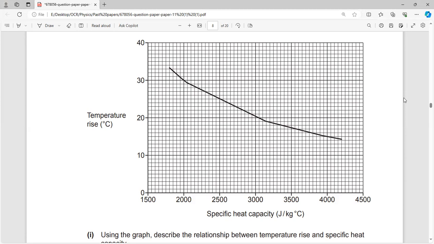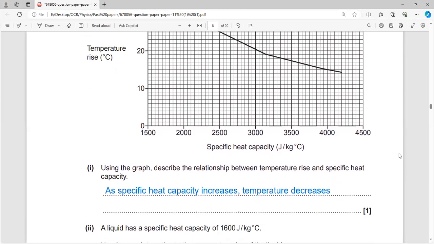If the specific heat capacity is increasing, the temperature rise is also higher. Sorry, substances with a low specific heat capacity have a low increase of temperature, and substances with a high specific heat capacity have a high rise of temperature. That's the overall trend in the graph.